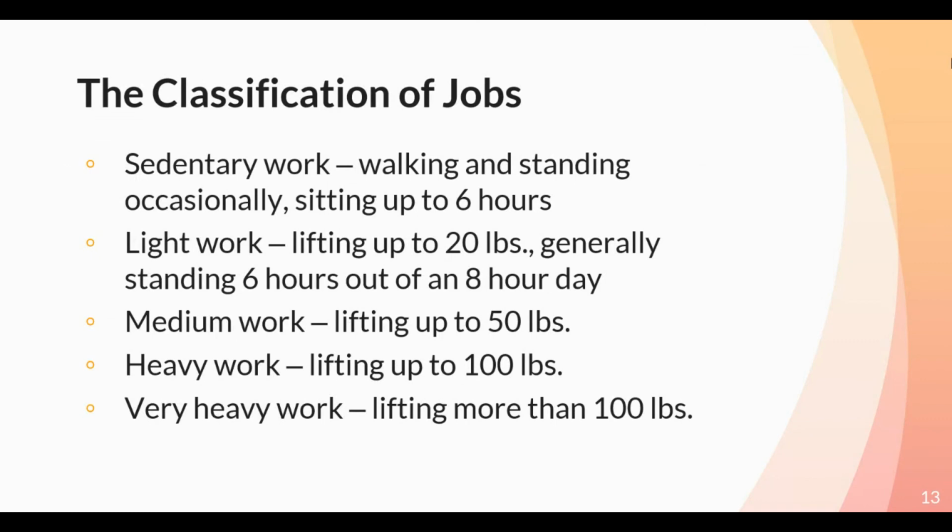The classification of jobs: the least demanding unskilled jobs generally meet the definition of sedentary work, a sit-down job, which physically requires the following: walking and standing occasionally, defined as 10% of the time, up to one-third of the time, no more than 2 hours, and sitting up to 6 hours. No stooping is required in sedentary jobs, and most unskilled sedentary jobs would require good use of hands and fingers for repetitive hand-finger actions. Sedentary unskilled work does not require lifting more than 10 pounds.